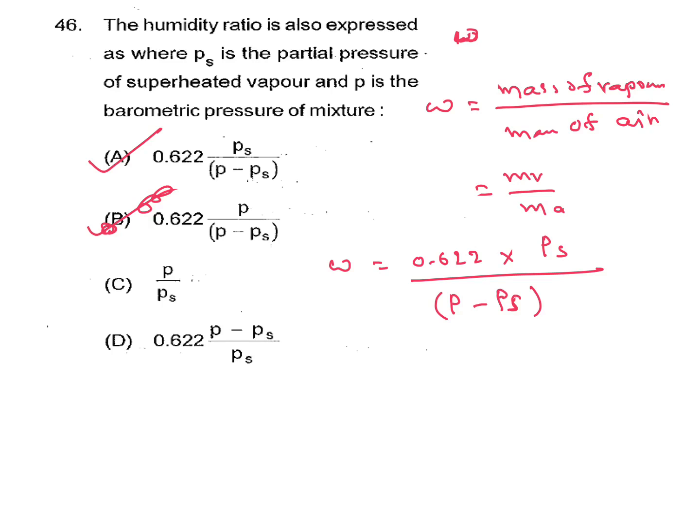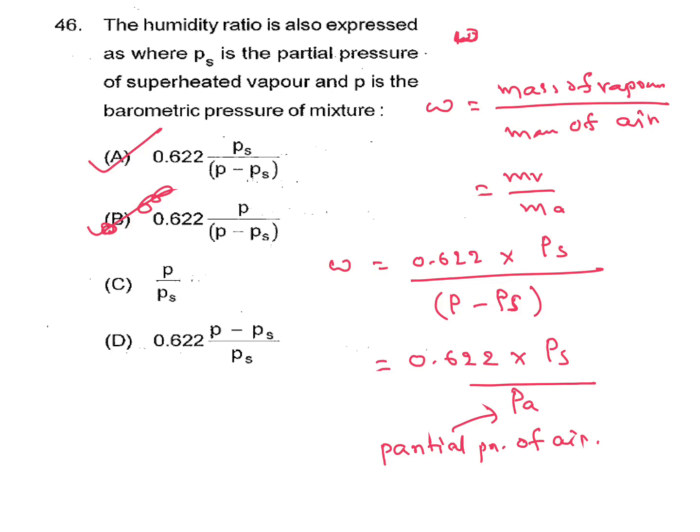Sometimes they will give PA, 0.622 into PS by PA, where PA is partial pressure of air. Here in this question, P is given as total pressure, so A is our answer.